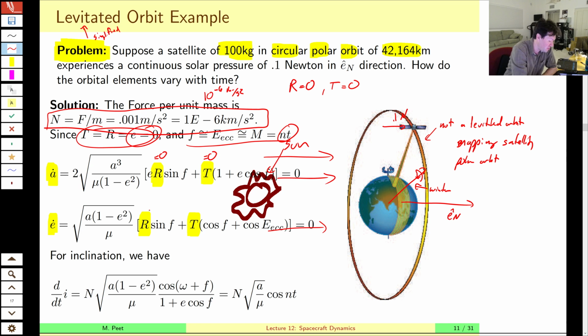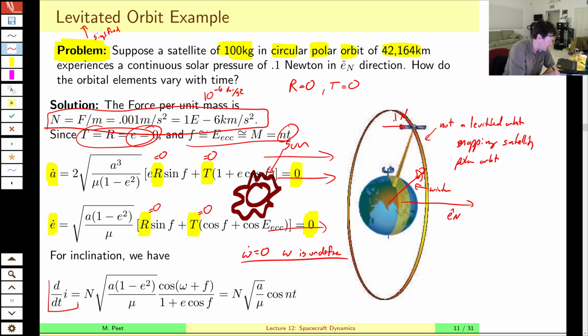R and T are both 0, so the eccentricity and the semi-major axis don't change. Now for the other orbital elements, there's no argument of periapse. Omega dot, we should just mention, is undefined because there's no eccentricity, so we're going to ignore that.